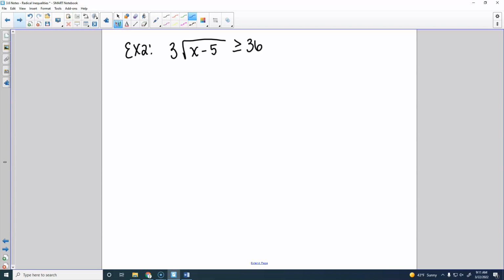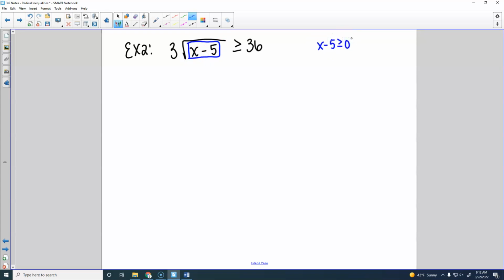For example 2, we've got 3 square root of x minus 5 is greater than or equal to 36. I want to just go ahead and start solving this, but before I do, I need to think about the domain. So x minus 5 must be greater than or equal to 0.